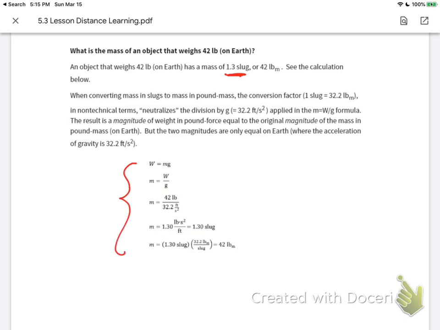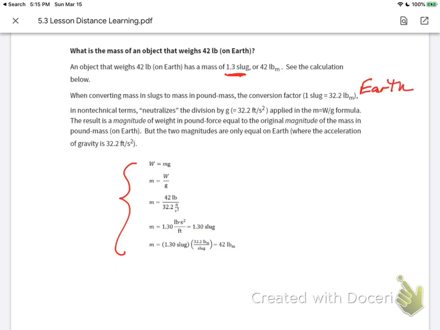Here are the calculations, but I'm going to walk you through this. When you convert mass in slugs to mass in pounds mass, the conversion factor is 1 slug equals 32.2 pounds mass. Now this is the conversion factor on Earth.